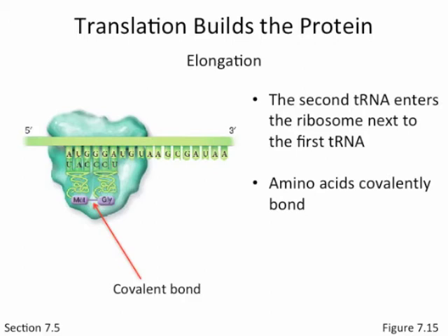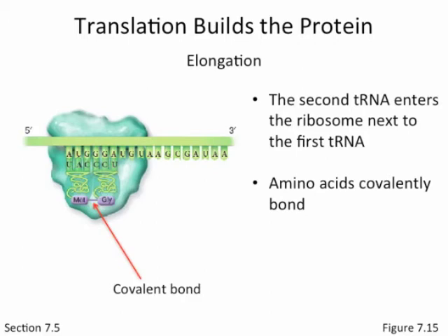Yeah, so you're going to go to this third site, but what does the ribosome have to do? Yeah, it's going to have to move over. So the ribosome is going to shift down that direction, and this site's going to be available, and we're going to see that this tRNA will leave. It'll break off.